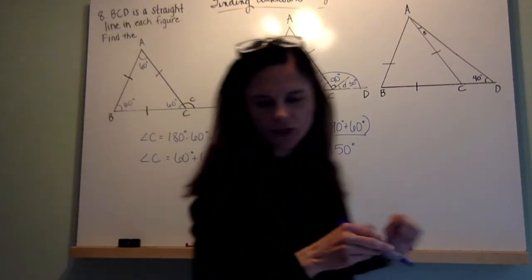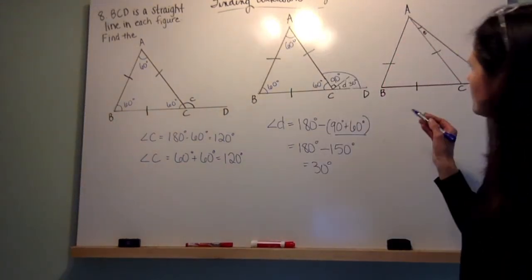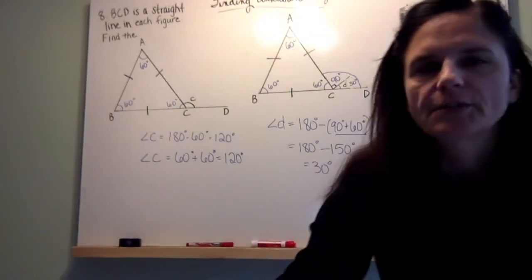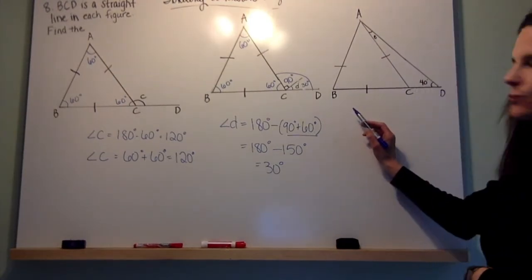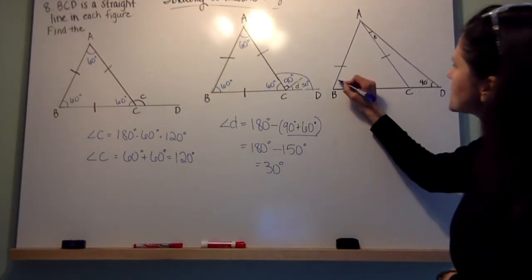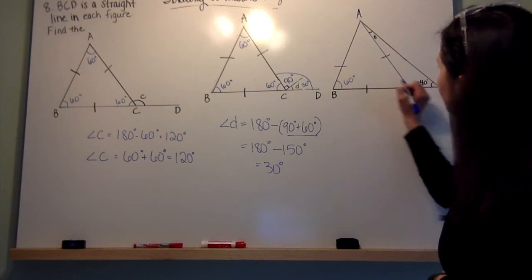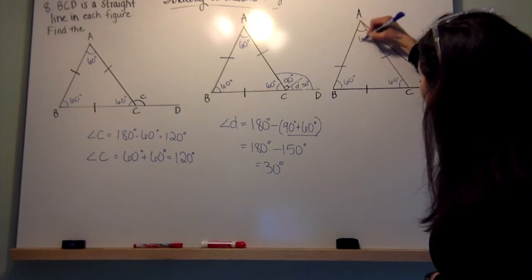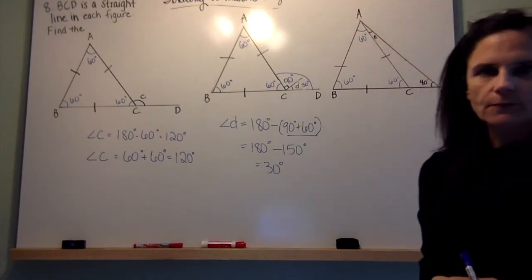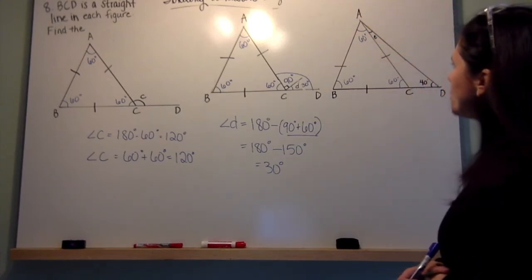Okay, last figure is pretty interesting. Let's take a look at what we see. Again, we have this equilateral triangle, so we're going to immediately label all of our angles. We know that they are equal. Now, notice what we have here.